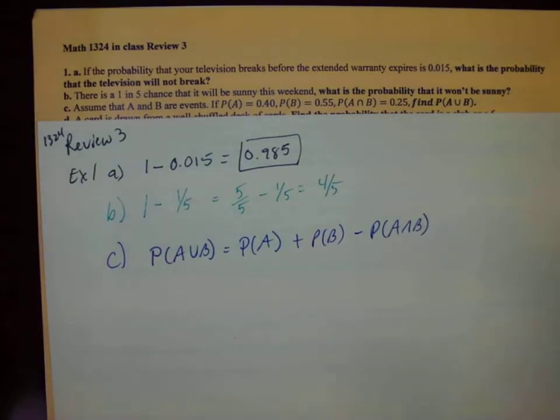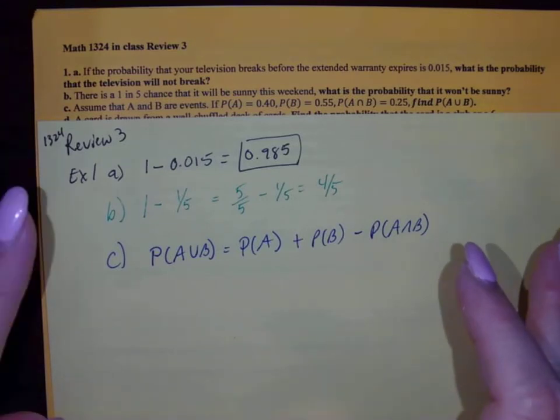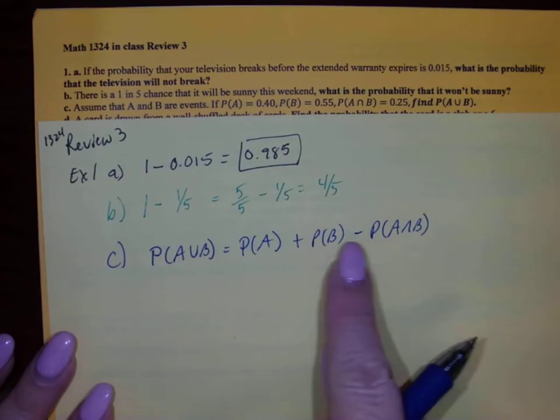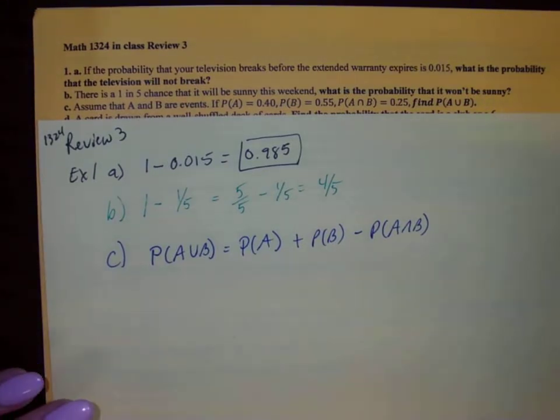Because when we're talking about union, it's going to be all of this and all of this, but sometimes they overlap. So you have to subtract the overlap part, otherwise it gets counted twice.